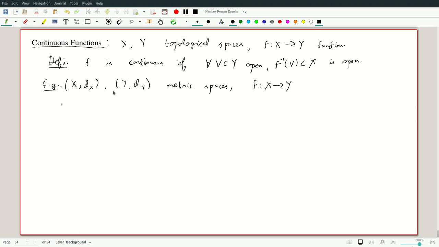But if the usual definition is not familiar to you, you can just take X equals Y equals R, and this is just basic analysis, and dX of two points x, y is also the dY of x, y, which is just the absolute value of x minus y.